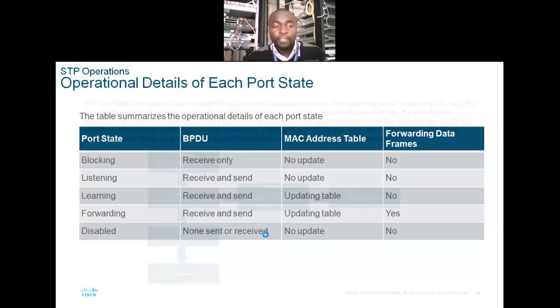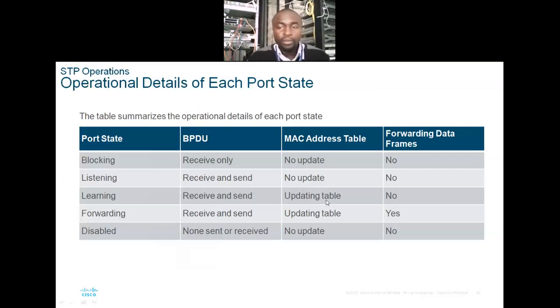Now look at the port states here. Once a port is in its blocking state, it can only receive BPDUs, but no updates. Once it is in its listening state, it can receive and send BPDUs, but no updates. Once it is in its learning state, it can receive and send BPDUs and even update the MAC address table.